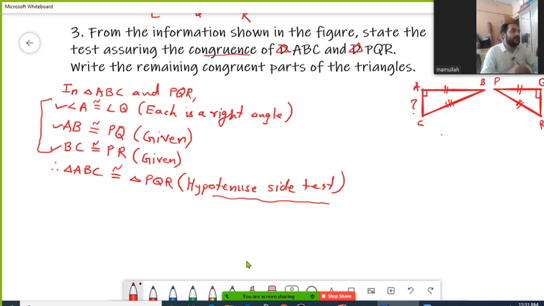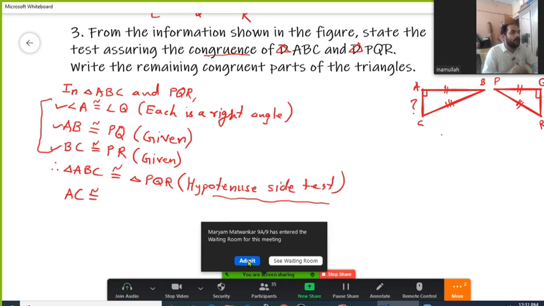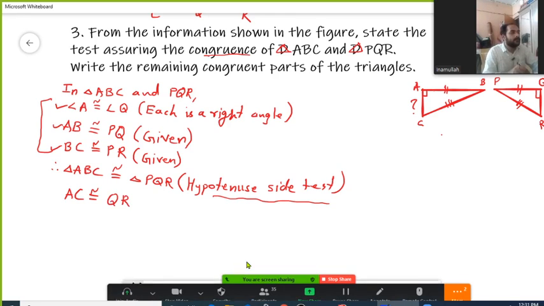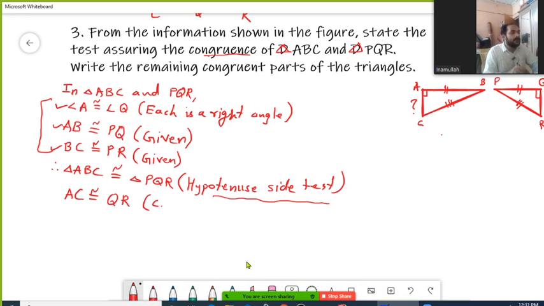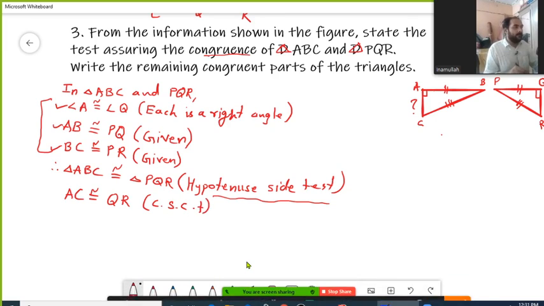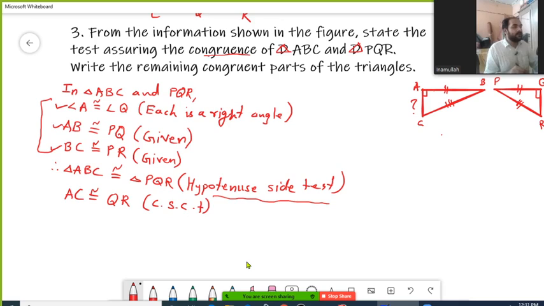So here I'll mention AC is also congruent with QR. And here you will write corresponding sides of congruent triangles. This is a standard abbreviation which you can use. The full form of CSCT is corresponding sides of congruent triangles.